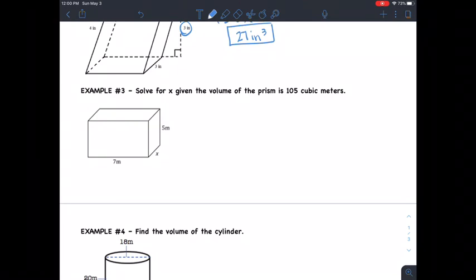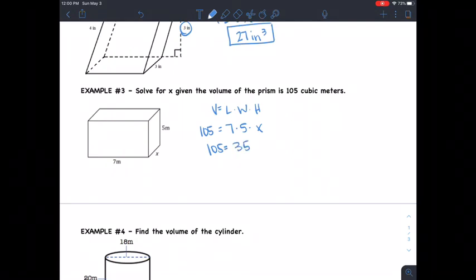We are given 2 of our values and we're asking to solve for the third. You can back up a box to length times width times height if you want to. You could also leave it as area of the base, which would be that length times width, and then put the height in there. Either way you look at it, we're going to have 7 times 5 times x is equal to our volume of 105.